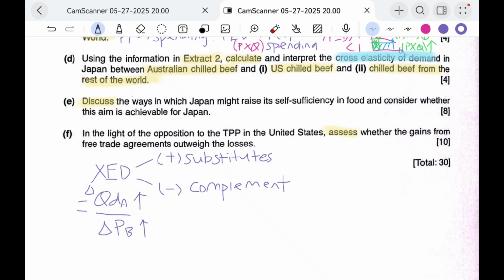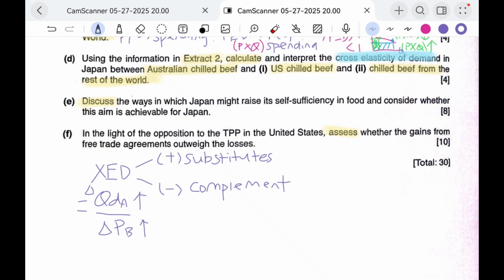Okay, so I would think for extract 2, you will need to pick up some numbers and put in this formula. But if you look at the question, actually for beef, I would think they are already substitutes because you either eat Australian beef or you eat US or you eat rest of the world.